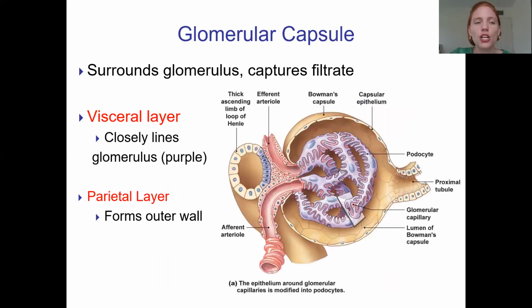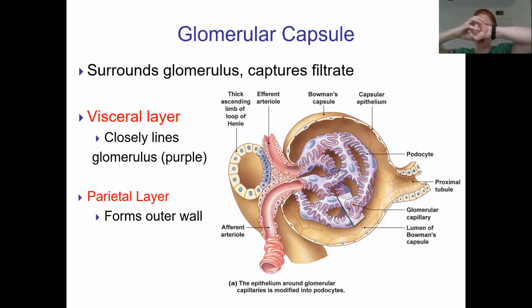Okay, so let's look at the capsule that surrounds the glomerulus, also known as the Bowman's capsule. So here is the glomerulus. Right there would be the simple squamous epithelium that is lining the glomerulus, the blood vessel. But then on top of that, in purple here, that's what we call the visceral layer of the glomerular capsule.